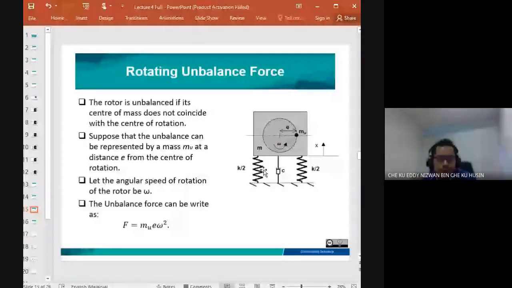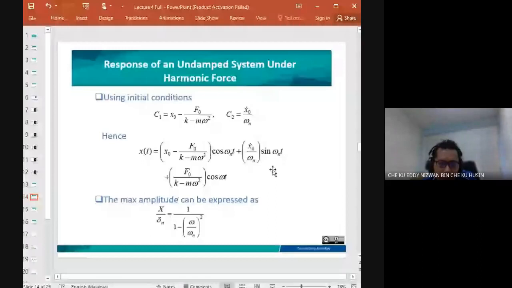And then the magnitude here is equal to F naught, if you refer to this equation. So F naught is the magnitude. Example for the unbalance, it depends on the unbalanced mass, and then the distance from the center of gravity of the unbalanced mass to the center of rotation.